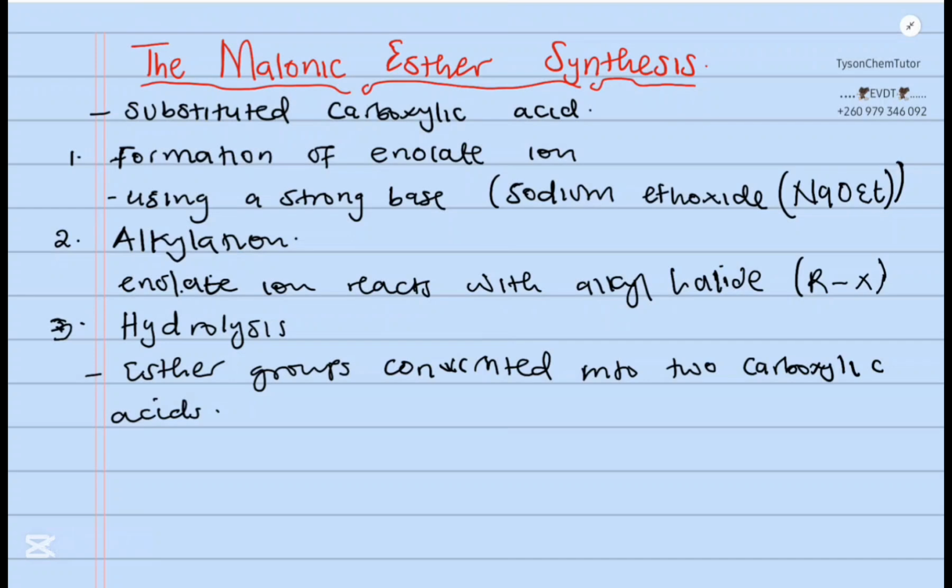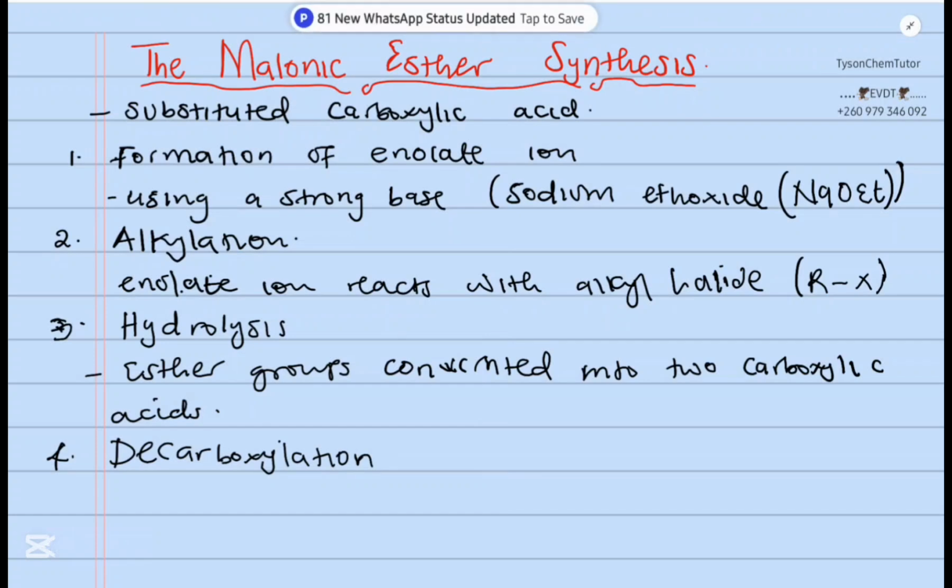The final step, where heat is involved, is what we call decarboxylation. Number 4, decarboxylation, where in this process we subject the carboxylic acid form to heat. So heat is being used here.